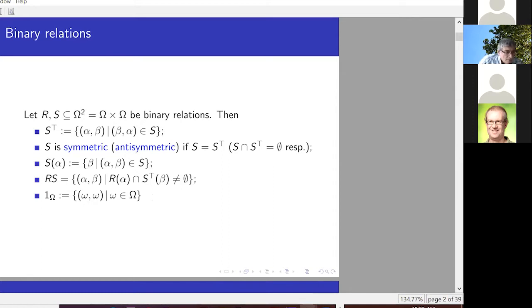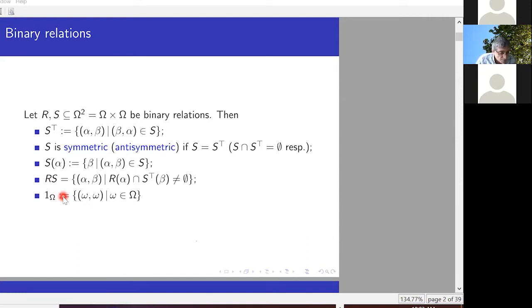A relation is symmetric if it coincides with its transposed. Alpha is a neighborhood of the point alpha if you consider your binary relation as a graph. R times S is the usual relational product, and 1 omega is the full diagonal relation.